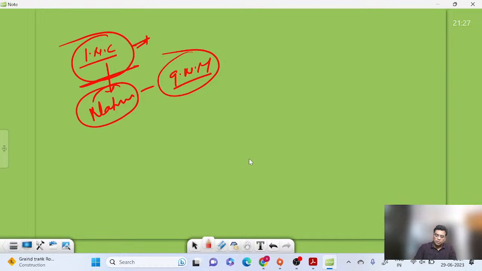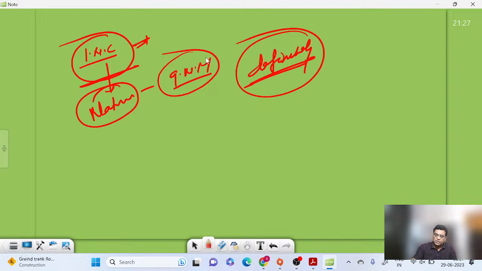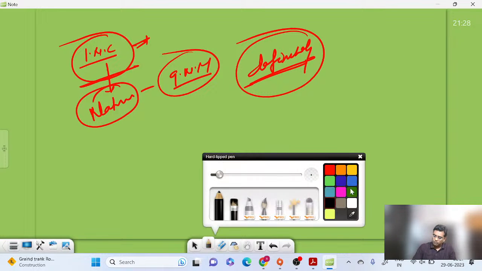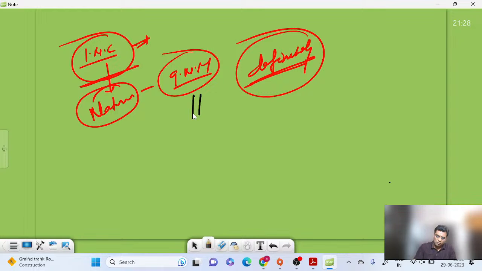So the establishment of Congress definitely played a very important role in the rise of nationalism and the nationalist consciousness.